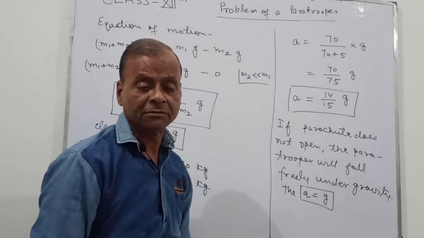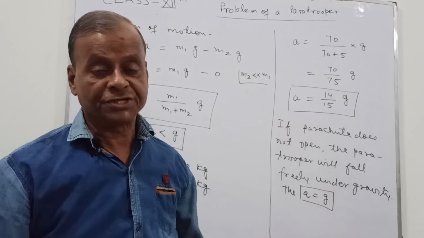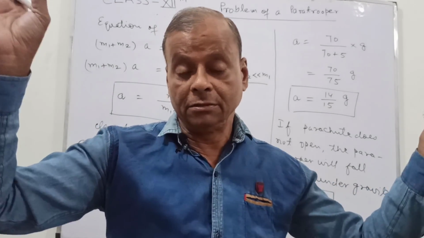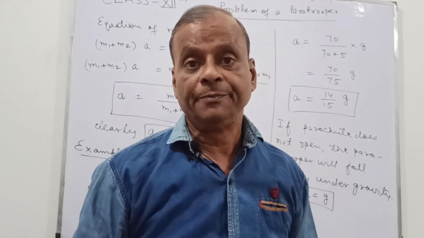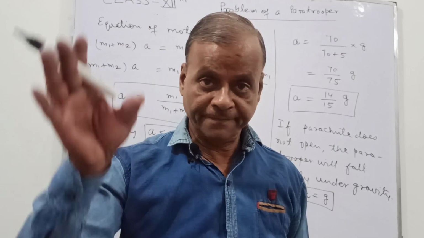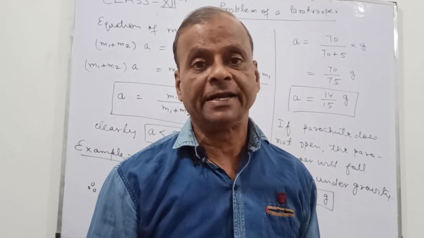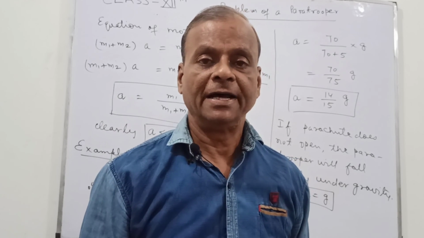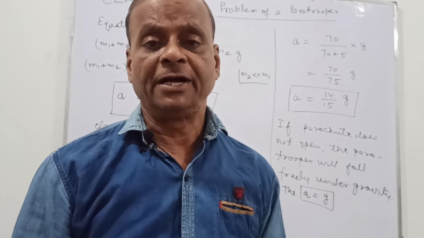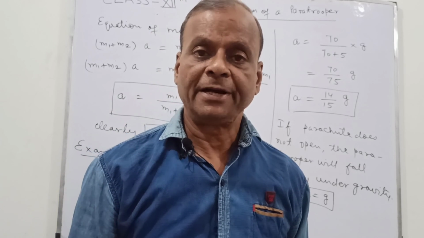And this may hurt the paratrooper. So generally, the parachute opens in the air and the air is filled in it, so that the upthrust acts on it. Because of that he falls with slow speed and has an acceleration less than the gravitational acceleration. So this is the problem of the paratrooper that I have told you. We just have to find the acceleration.